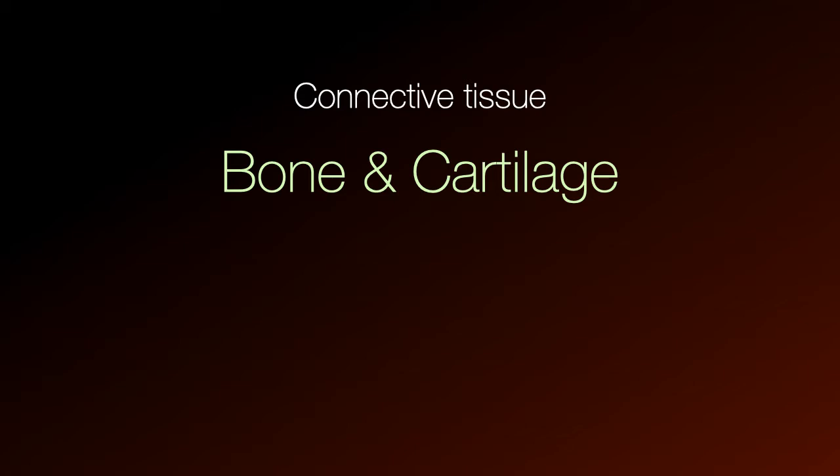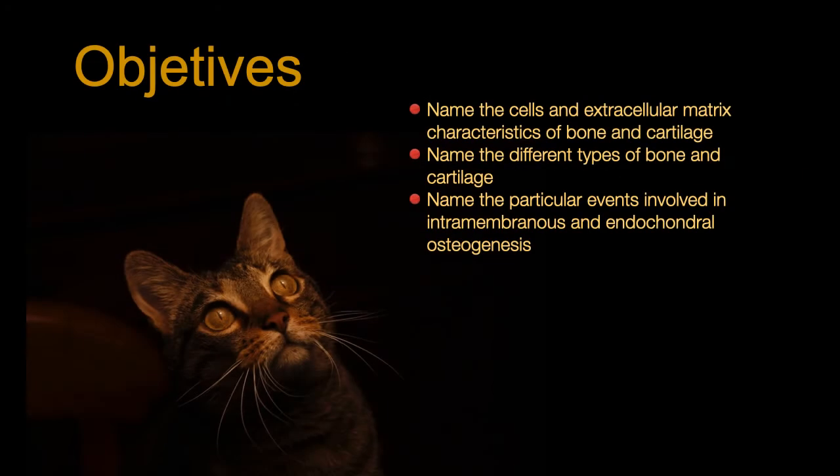Today, as we cover the skeletal system. As mentioned previously, bone and cartilage are connective tissues. You know that. Let's review these two tissues and the different types that exist.